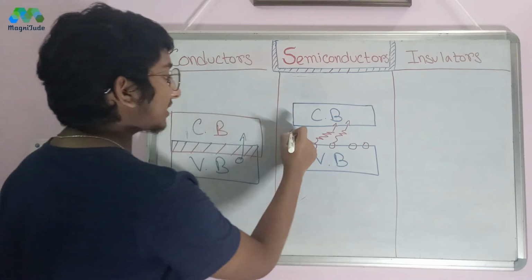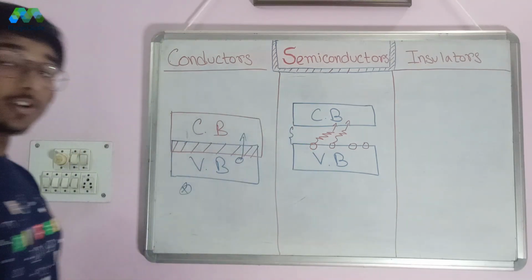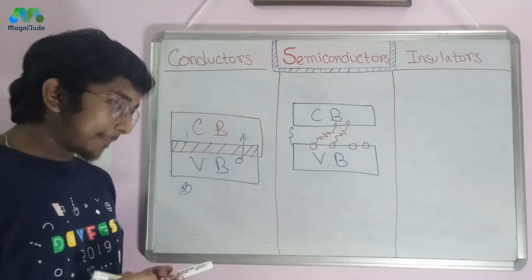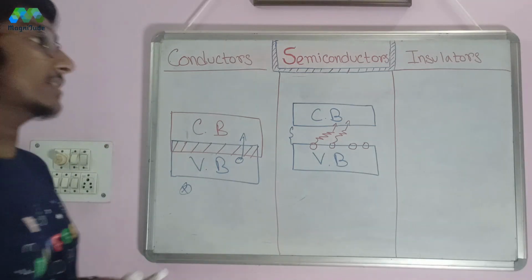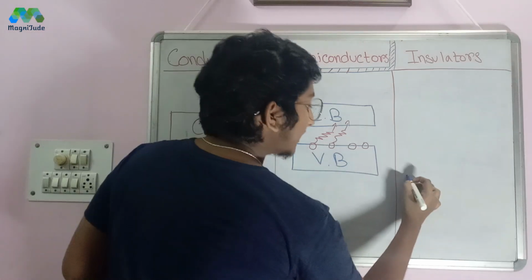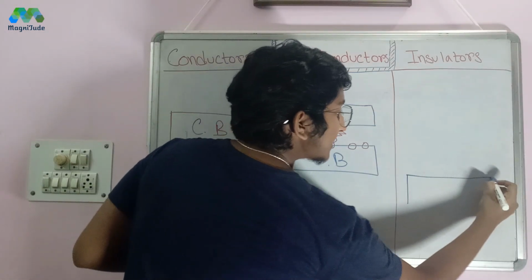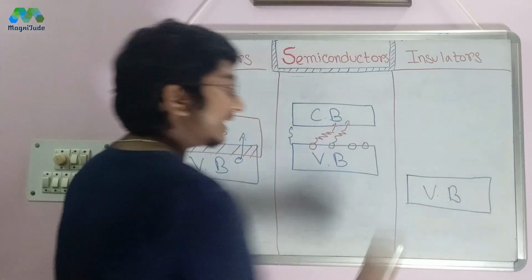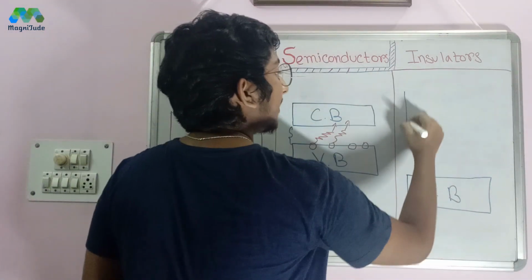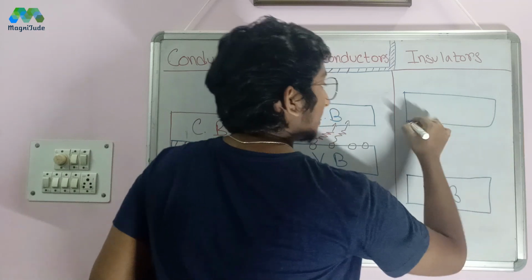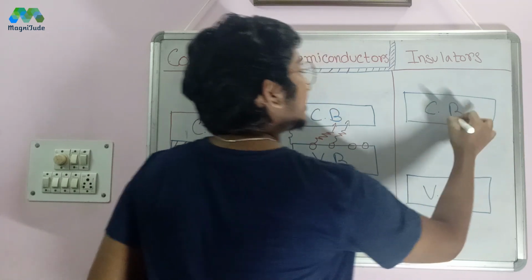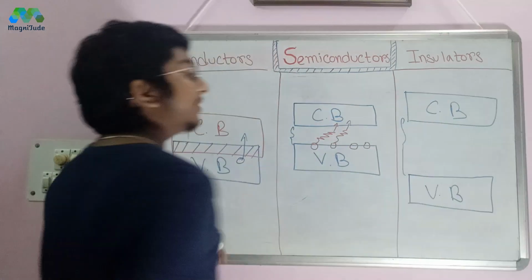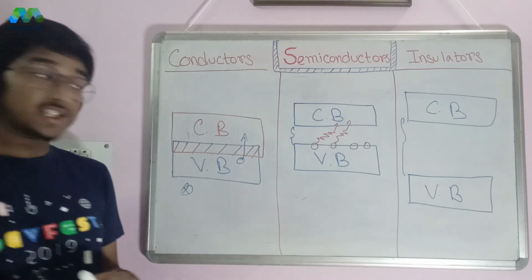In the case of a semiconductor, a small forbidden band gap is present. So what happens in the case of insulators? If this is the valence band, then the conduction band will be somewhere like this. There is a huge difference between the valence band and the conduction band.